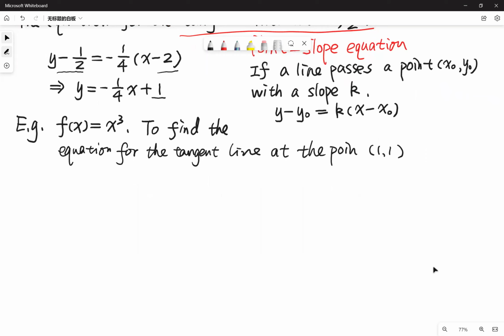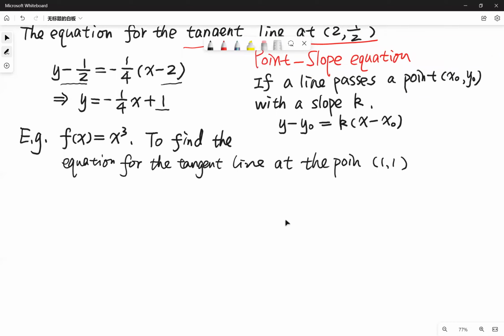But I have a question. Just say, okay. What's your question? The slope, it's f(x) minus f(x0) over x minus x0, not the limit of x approaching x0.